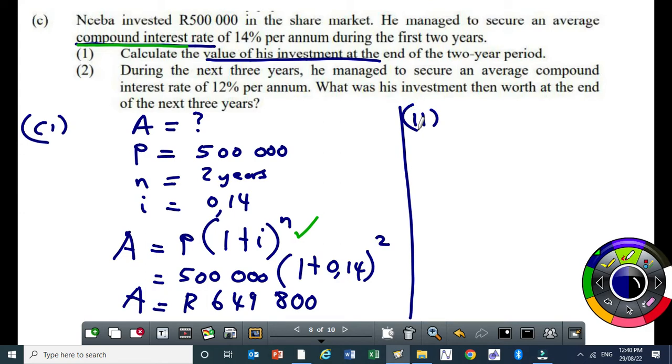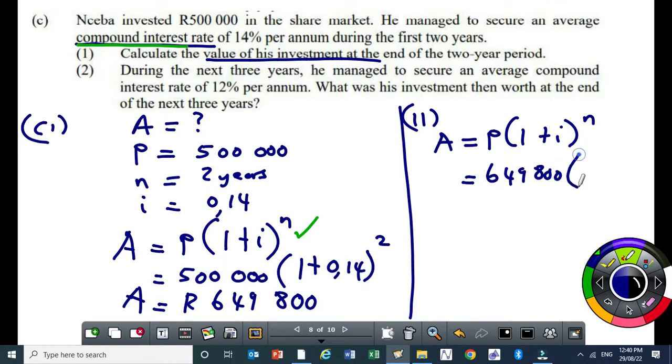The formula is still the same, A equals P times 1 plus I raised to the power of N. But our P is now the A we got for the previous 2 years. So this will be 649,800 times 1 plus 0.12 raised to the power of 3. So what's the total? Are you following? What's the total?